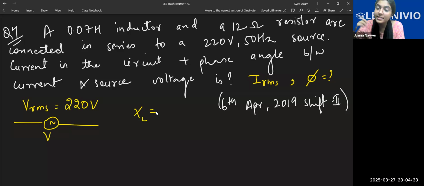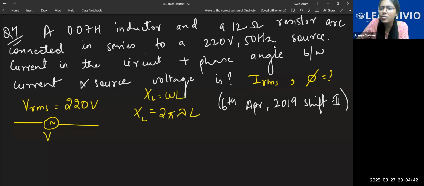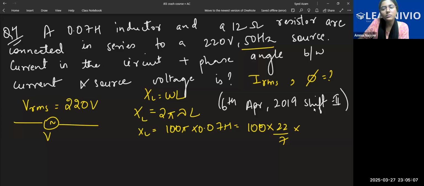When you have capacitance, XC is 1 by omega C. But XL is equal to omega L. Omega is not given, linear frequency is given. So XL will be 2 pi into frequency, which becomes 100 pi into L. L is 0.07 Henry, so pi will be 22 by 7. So 100 into 22 by 7 into 7 by 100. 100 and 7 get cancelled. We have 22.